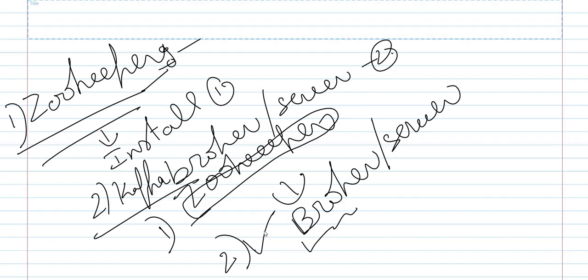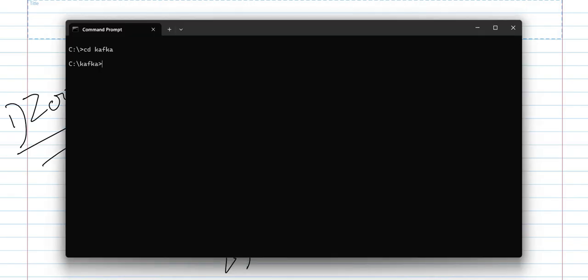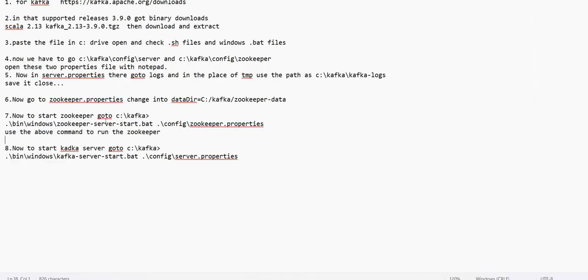So to start this, we have to type one command, that is /bin /windows zookeeper server. We have to paste this command, that is /bin /windows /zookeeper server start.bat /config zookeeper dot properties.